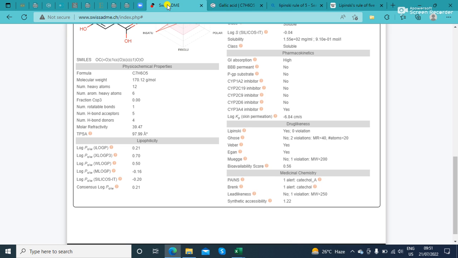That's what I wanted to add before we go on with looking into the common targets of our ailment and our plant.